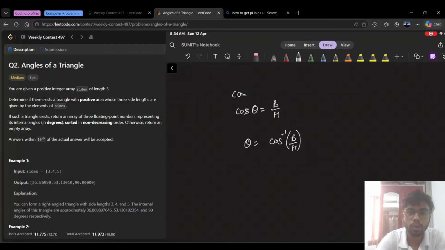It's sides, not side. Thirty-six point 86990, 53.13010.